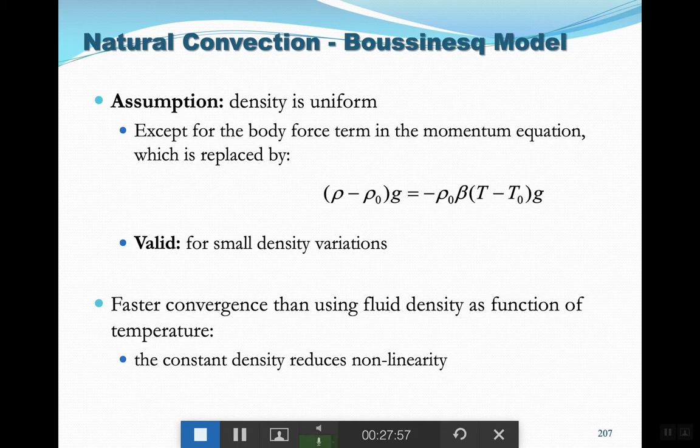When you use the Boussinesq model, always remember, you need three values: one, your rho naught, g, and beta. Remember, if you don't assign a value for beta, or if you don't assign g or activate gravity, you will not see natural convection in your system.